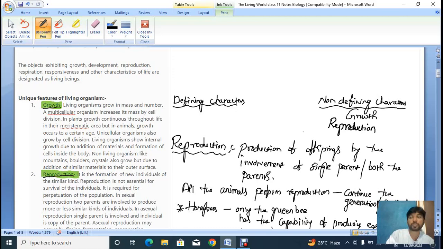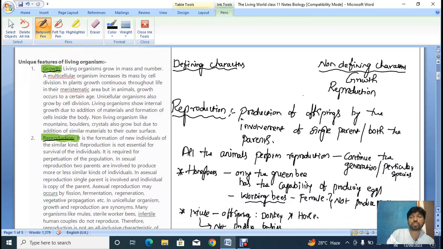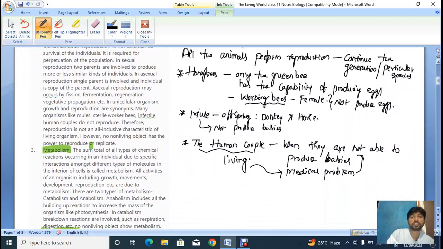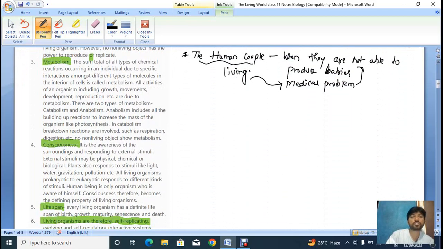Okay, then let us move on to another character, another feature. Third feature, metabolism. What is meant by metabolism?